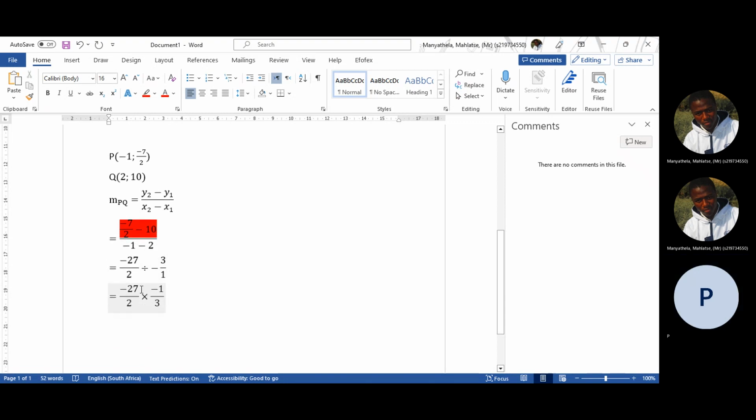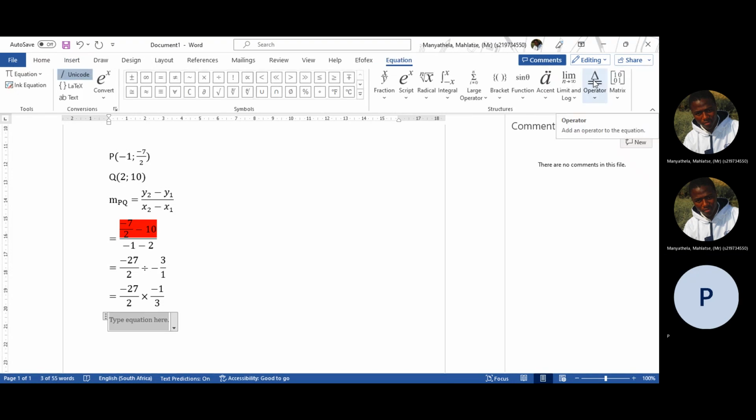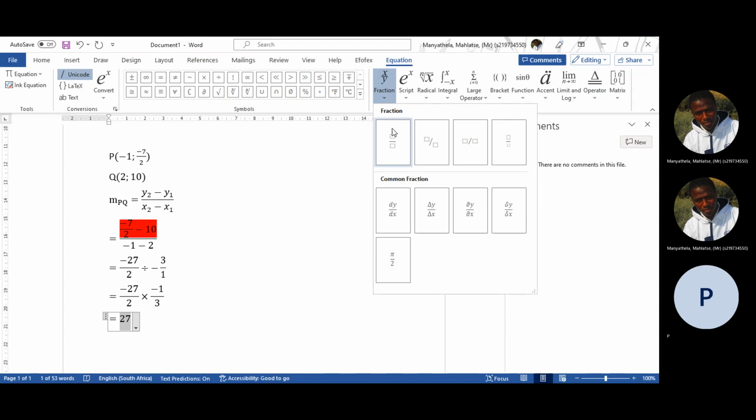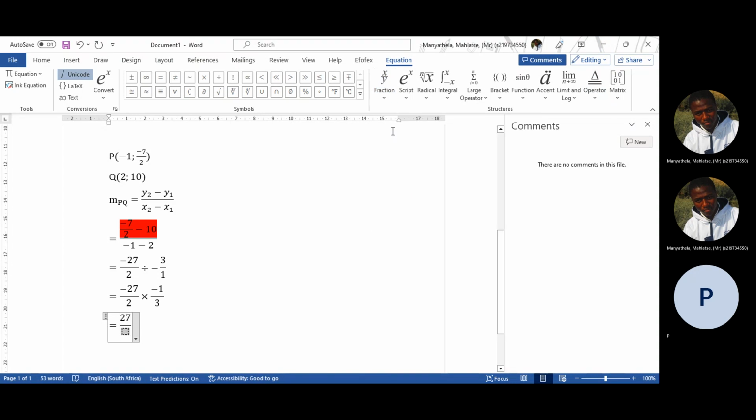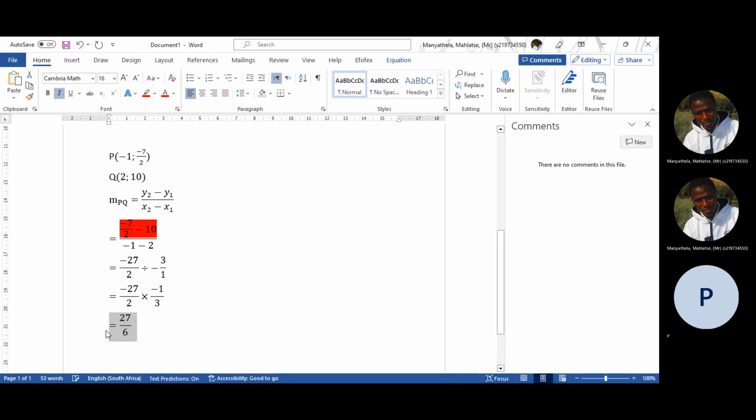Okay, so it's direct multiplication. Minus 27 times minus 1 will give us positive 27. So 2 times 3 is 6. So we'll have positive 27 over 6, which you can simplify to be 9 over 2.